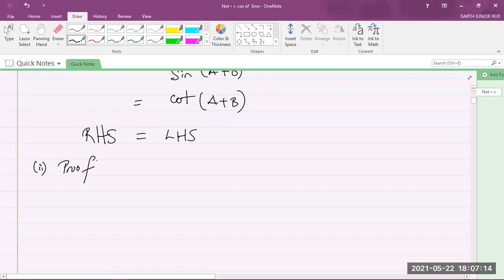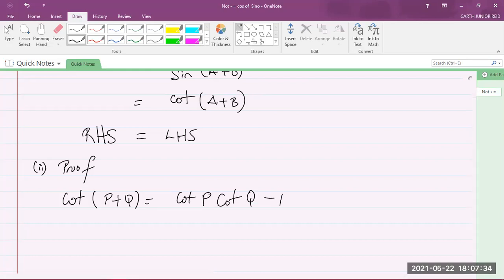All right, so based on what we have proven previously, we can say that the cot of P plus Q is equal to cot P times cot Q minus 1, divided by cot P plus cot Q. I'm just using P and Q as the angles because I don't want to confuse things in this part of the proof.